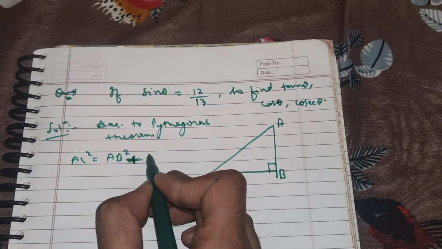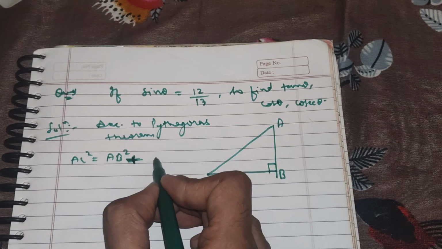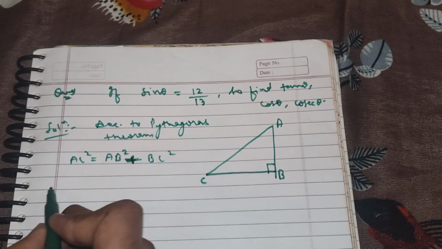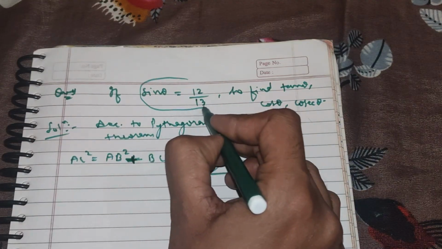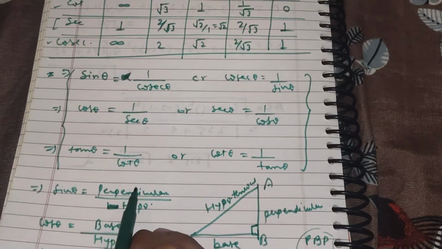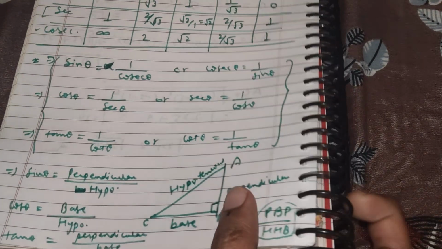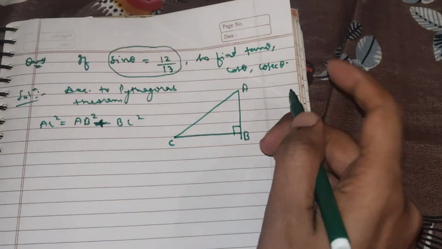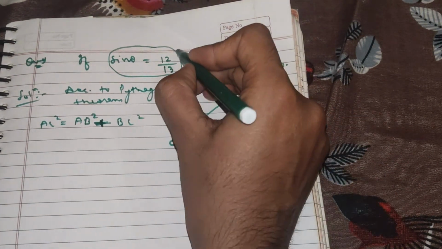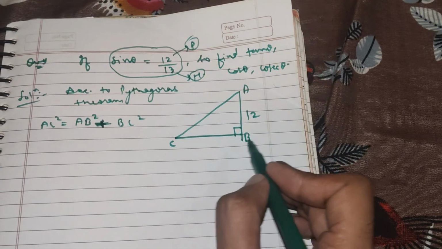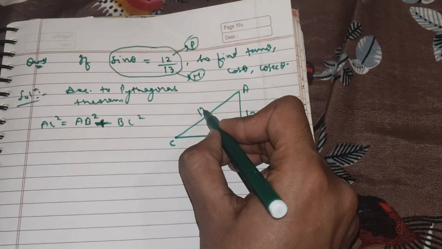Sorry, by mistake I have written equal, but this is a plus sign. While comparing this with the trigonometric ratio, previously I explained that sin theta is equal to perpendicular upon hypotenuse. So what is given here? The perpendicular is 12, and the hypotenuse is 13.